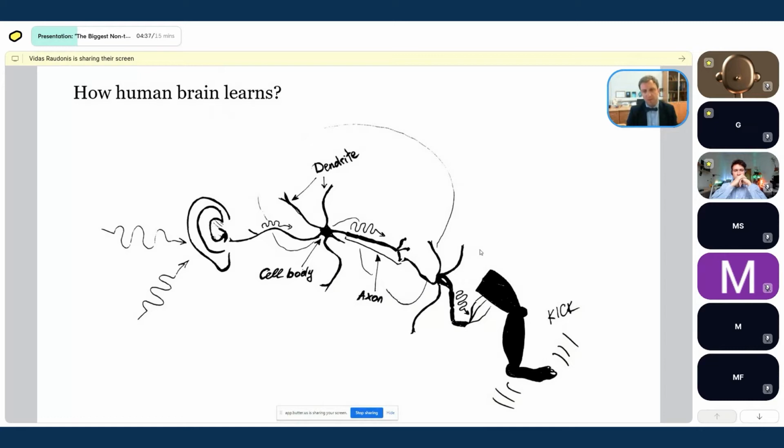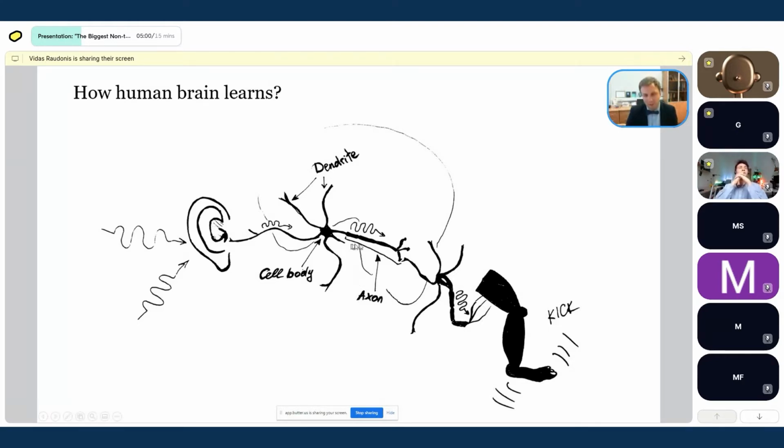Instantly, those two neurons are connected together, but the connection itself is very weak. But when the annoying sound comes again, the kick or motion of the leg will appear more frequently.